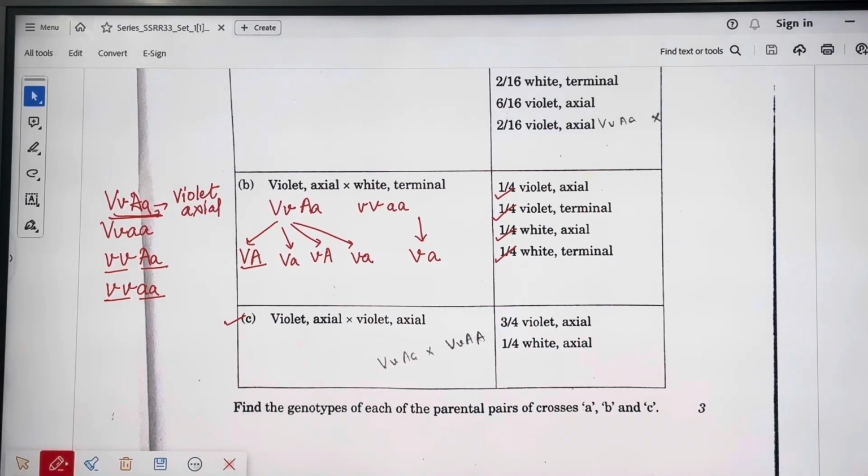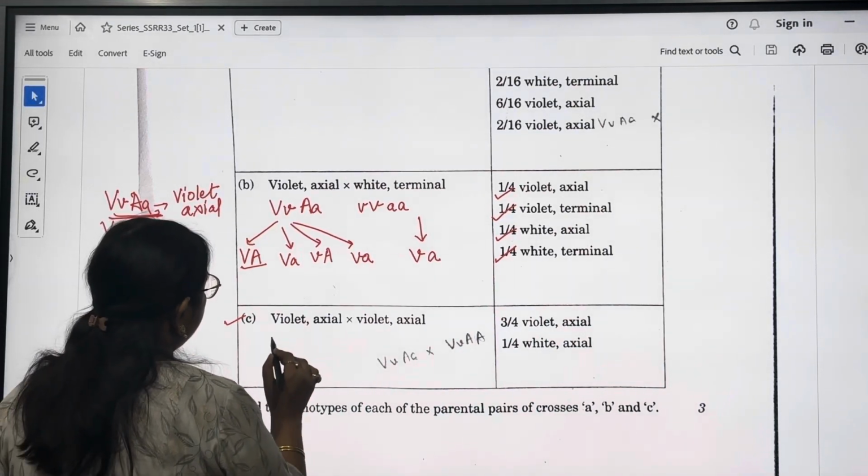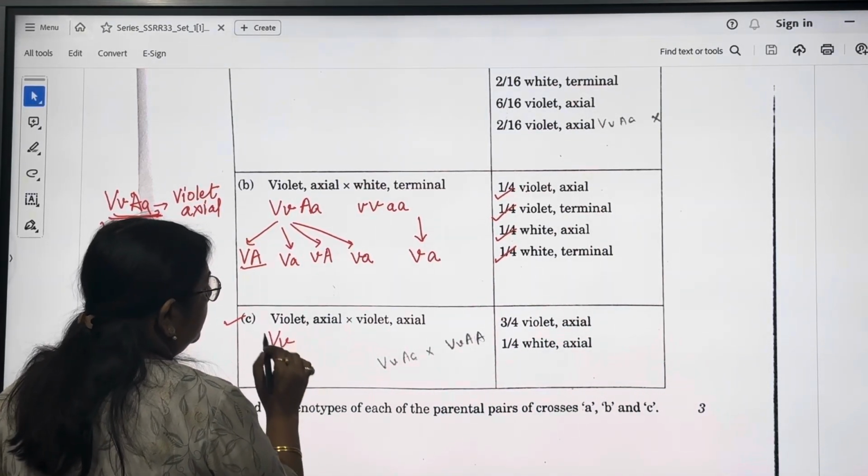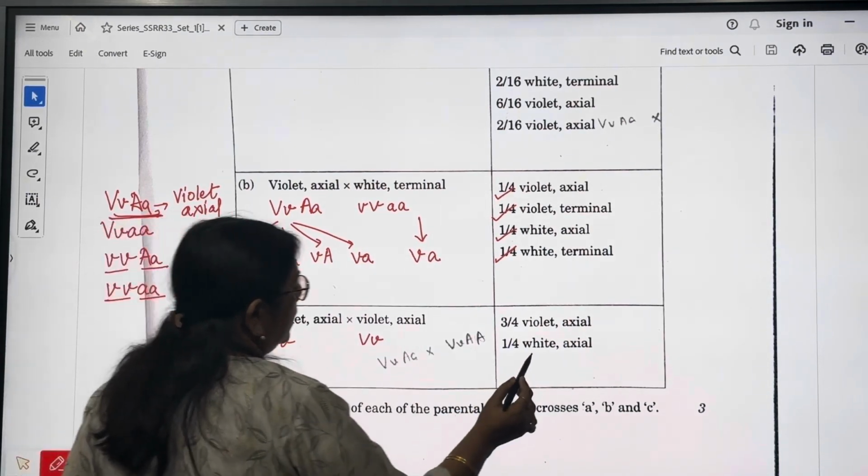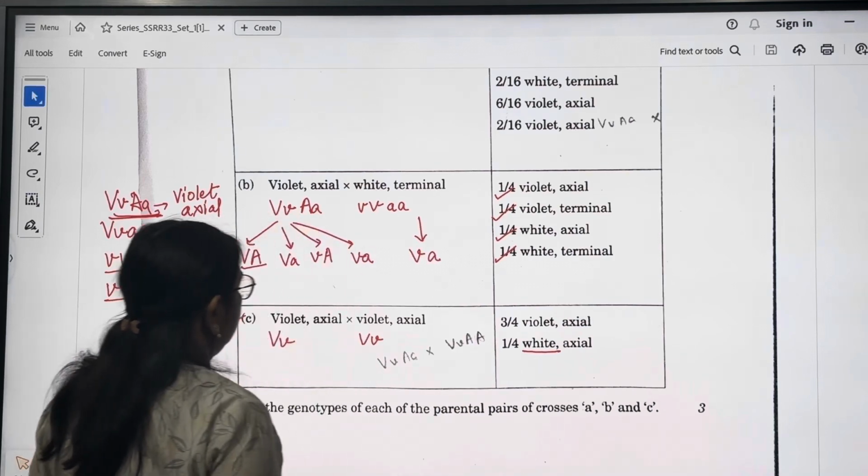Next, C is violet axial and violet axial. Simple. Capital V small v and capital V small v, because you have to produce white also.